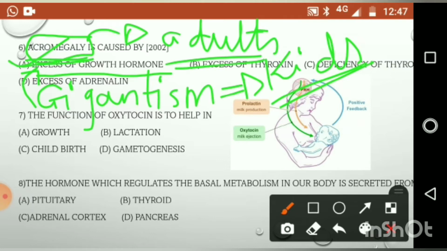Keep the two in mind. They're not deficiencies, they're excess. Gigantism and acromegalia both are caused due to excess of growth hormone, but the difference is gigantism is found in kids, whereas acromegalia is found in adults.